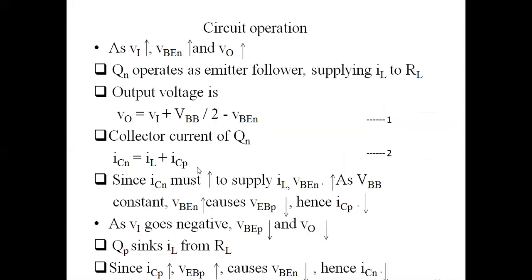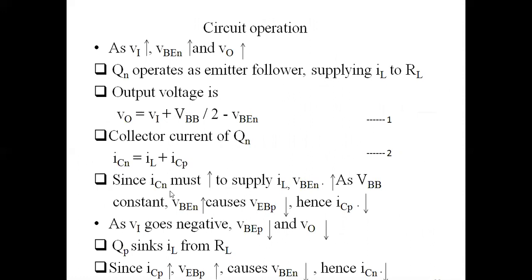Therefore you can write the equation as IN is equal to IL plus IP, or in other words, ICN is equal to IL plus ICP. Call this equation number 2.